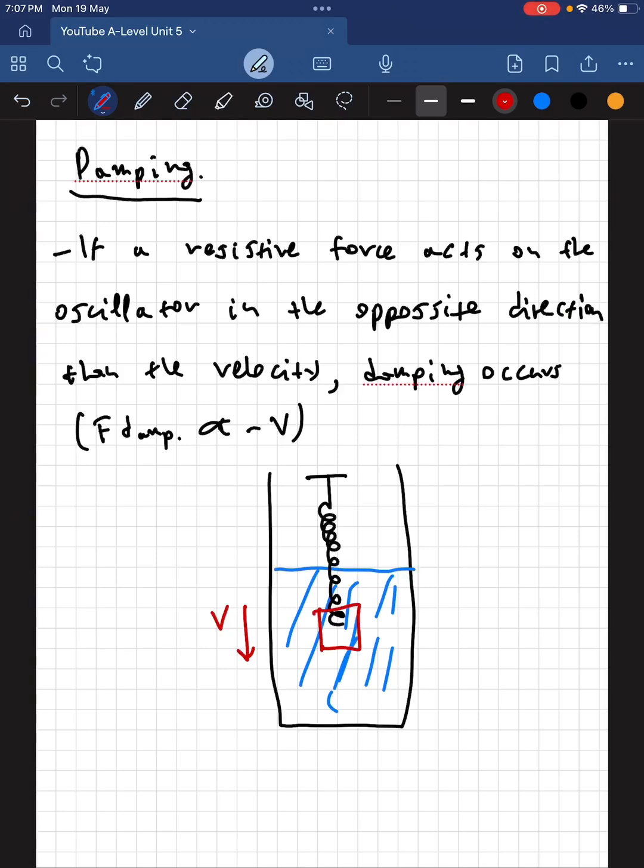So the oscillator tries to move downwards, but the fluid is gonna exert a damping force in the opposite direction, right? Because it's gonna push it up. Also, there will be some buoyancy here, okay? But the damping will be a force that is upward and it pushes the oscillator in the opposite direction. Therefore, it slows it down and it reduces the amplitude, okay?